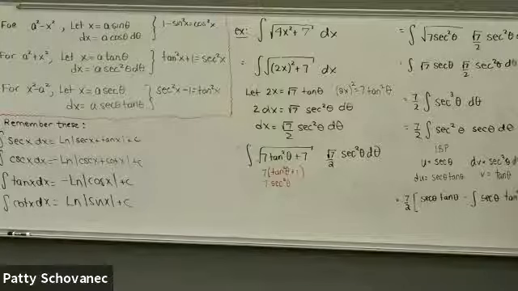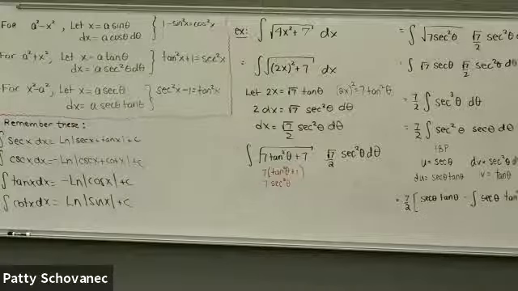is equal to 7 halves secant theta tan theta plus the integral of this secant theta. That integral is just a natural log. So that's just a 7 over there. If I divide both sides by 7, or do I want to keep my 7 halves?